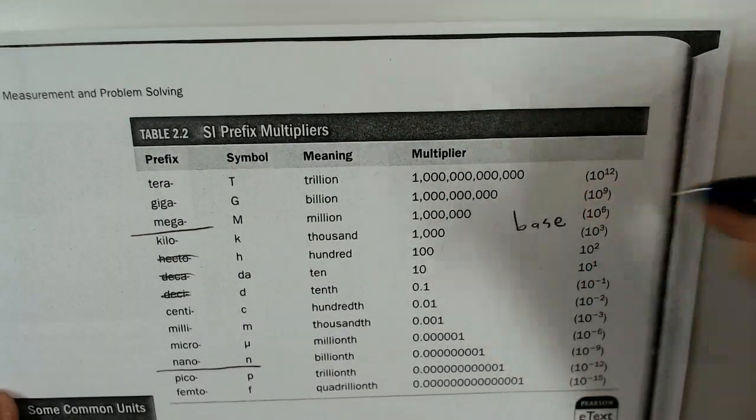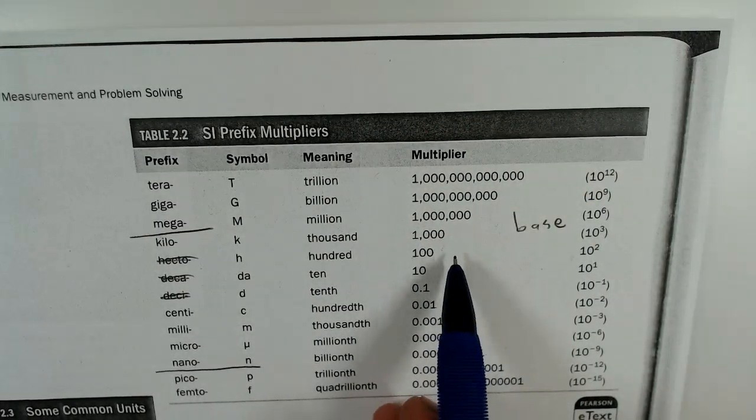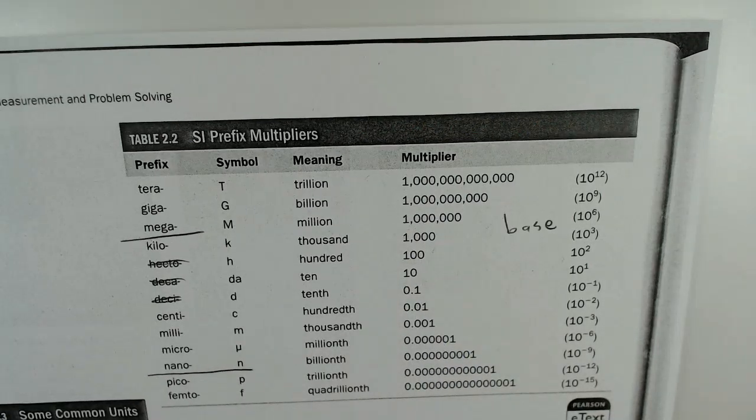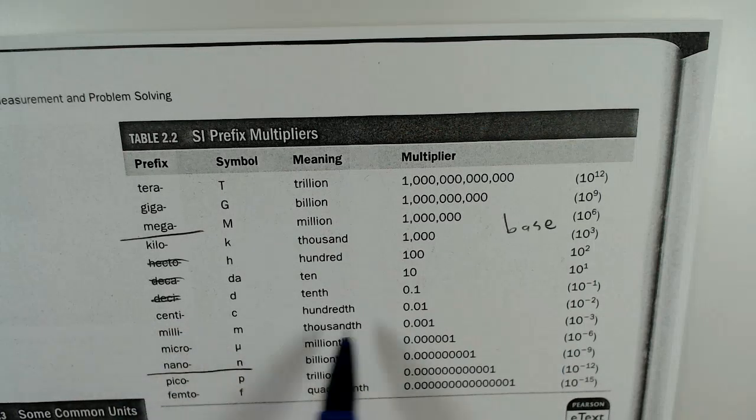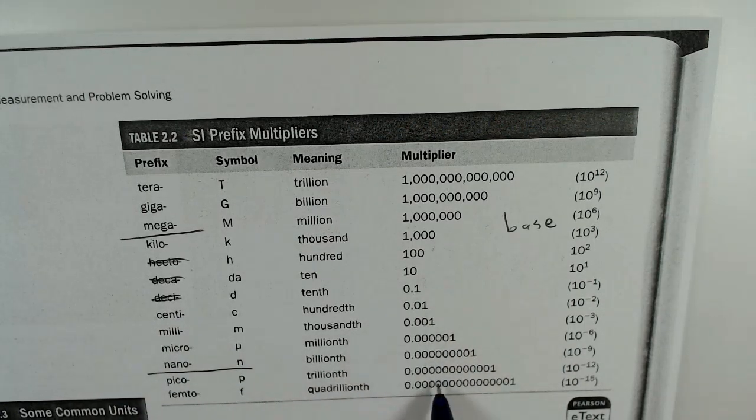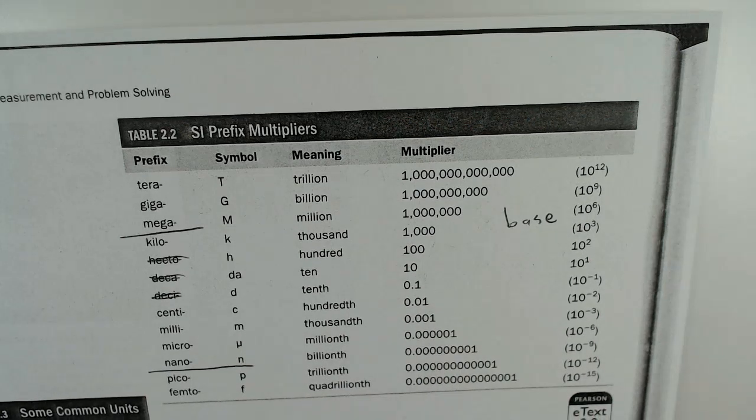So if it's saying here that you have 1,000, that means you have 1,000 of the base unit is equal to one of these. And then the reverse case here, when you're going below 0, if you're saying here that you have 0.01 meter, that's 1 centimeter, or the other way to say it is that you have 100 centimeters per 1 meter. And I want you to be comfortable with recognizing either way for that.